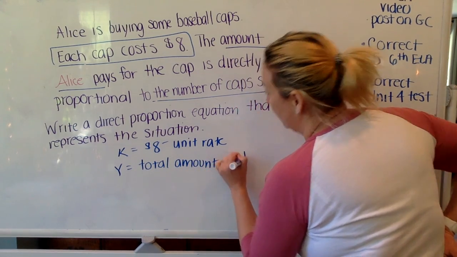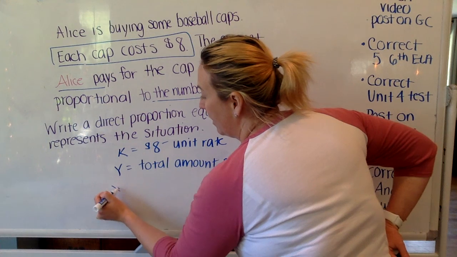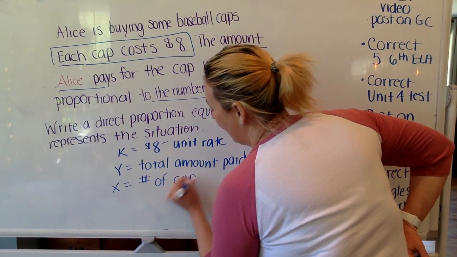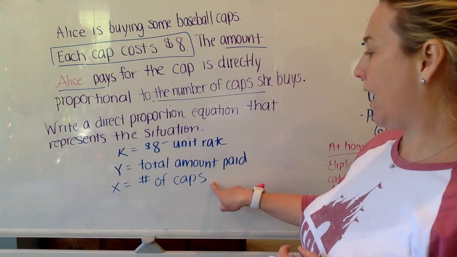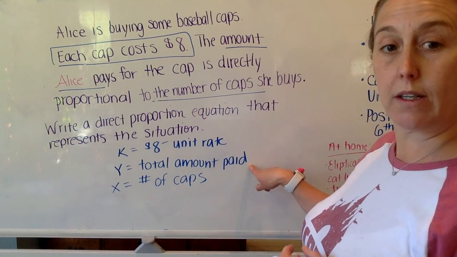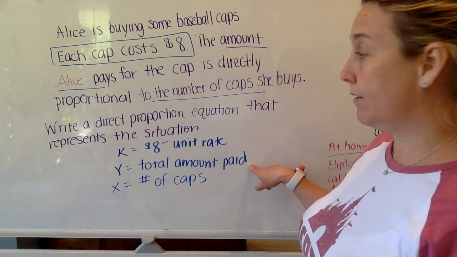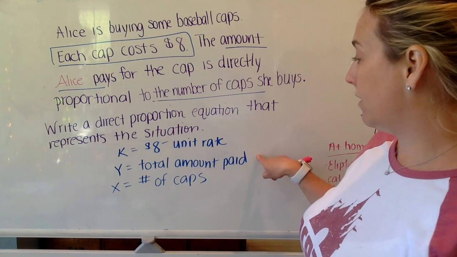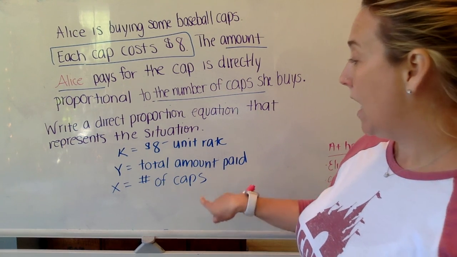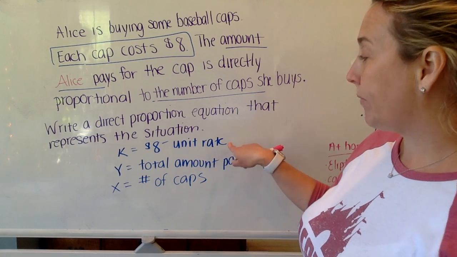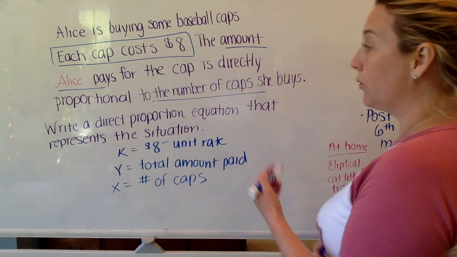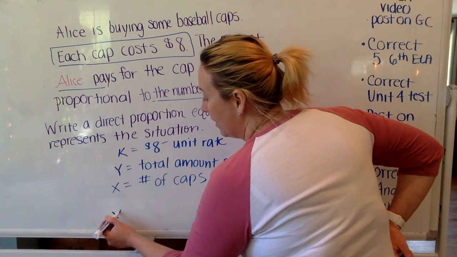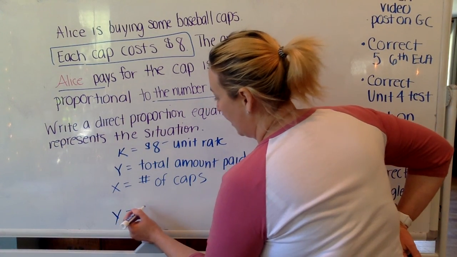And your X is represented by the number of caps, right? And that makes sense. The number of caps times the unit rate is going to give me the total amount that she pays. The total amount she pays is a dependent variable, dependent on how many caps she buys at the rate of $8 per cap. So now it says write a direct proportion that represents the situation. Y equals 8X.